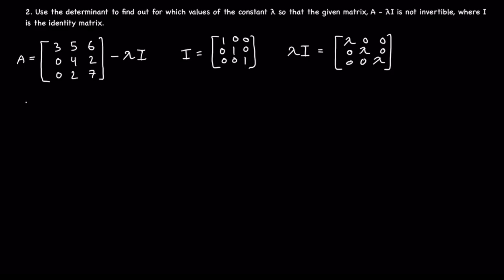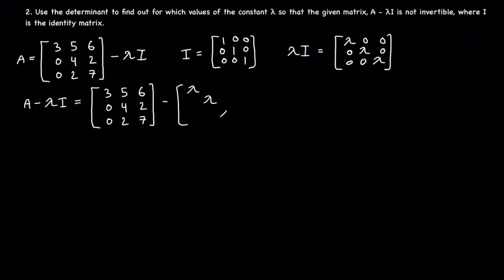So let's find A minus lambda I. Let me just duplicate this. That's A, and then minus lambda, lambda, lambda, 0, 0, 0, 0, 0, 0. Since the matrices are both the same size, we can subtract them.